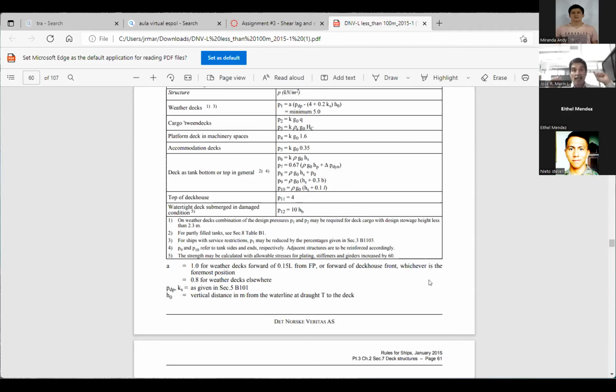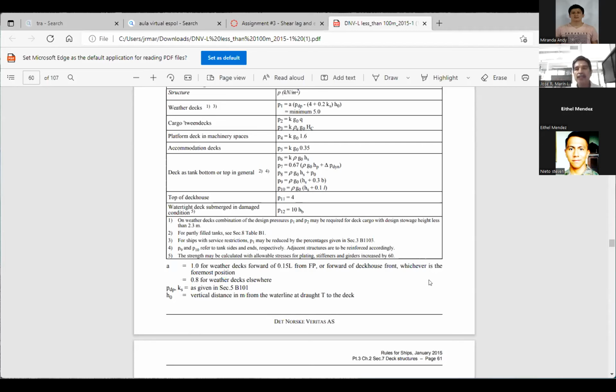So this parameter A, forward of the deck house, equal to 0.8 for weather decks elsewhere.